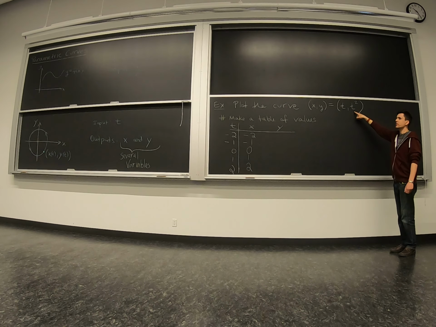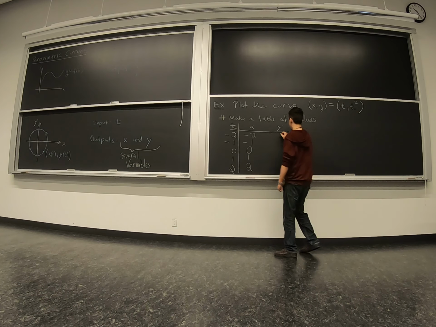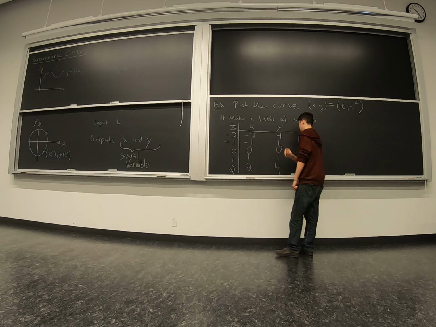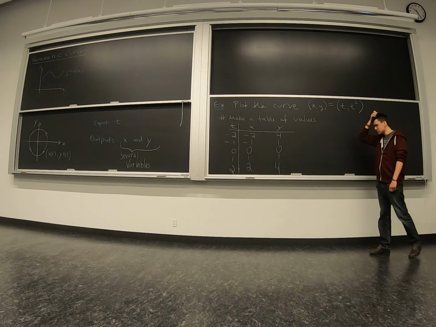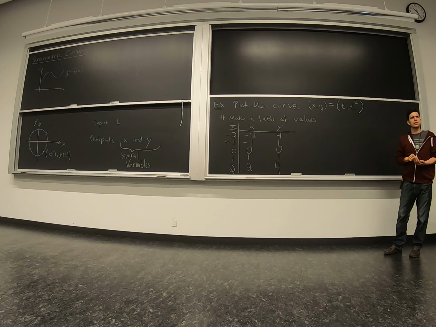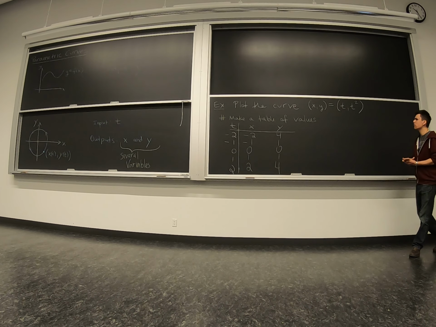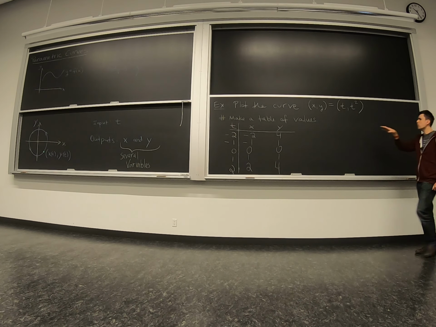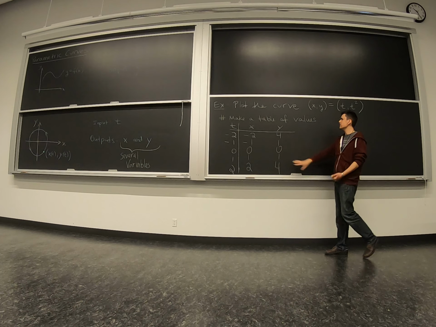And then my y value, I'll get by squaring the value of t. Now we can put those points on the plane and see what we get.